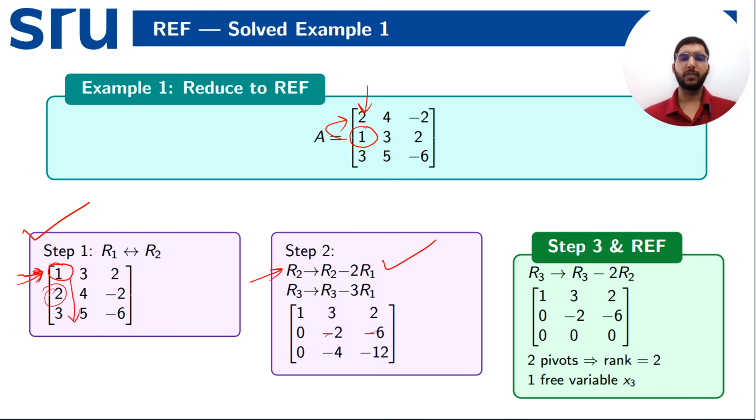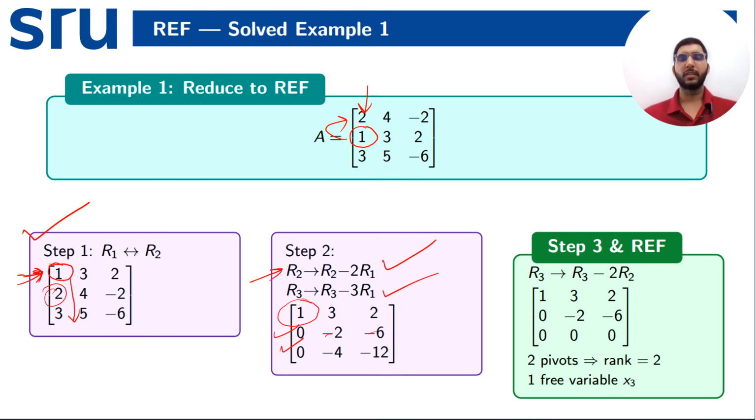At the same time, we changed R3 to R3 minus 3R1. It changes to 0 and 0 below this first pivot entry.